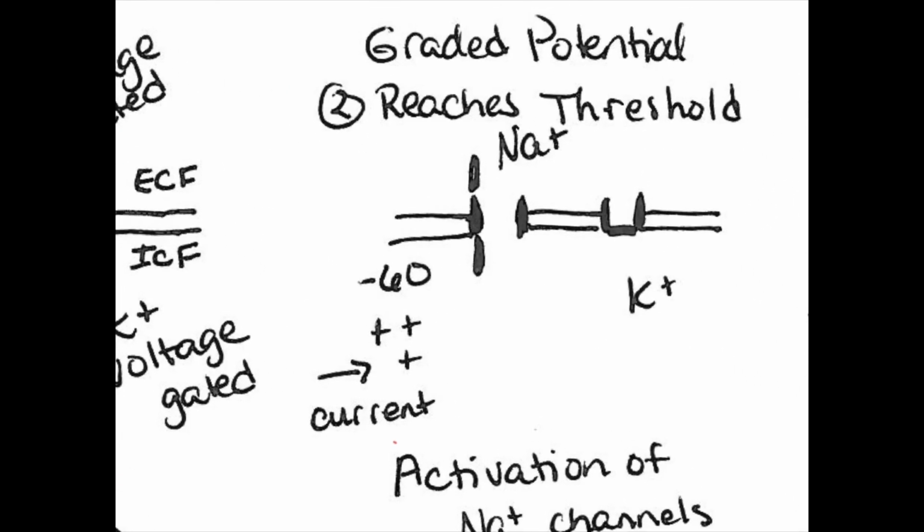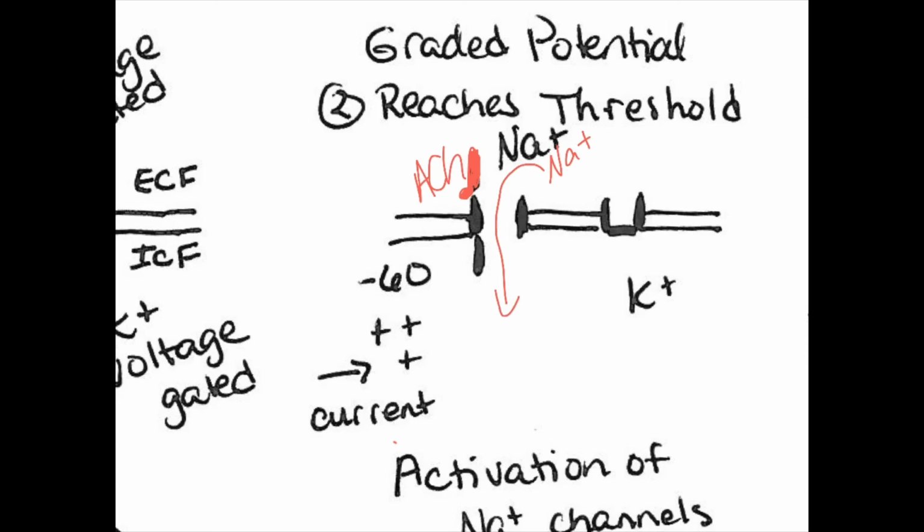Now we look at a graded potential. What happened here is that a chemical, like acetylcholine, bound to that voltage-gated sodium channel, and it opened the activation gate. Well, now both gates are open.